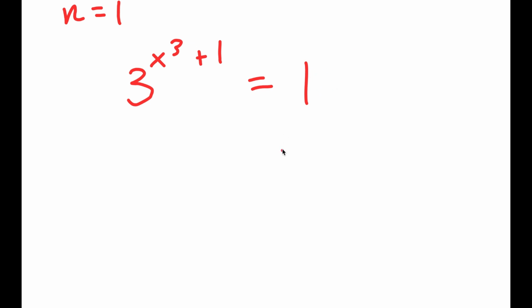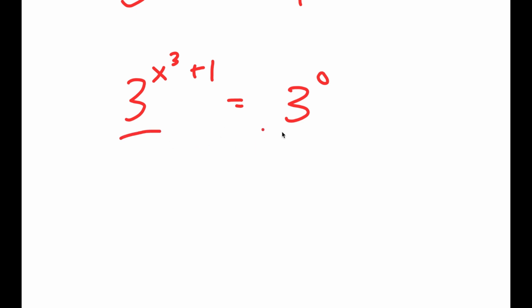However, 1 we can change to be a base of 3 because 3 to the power of 0 is 1. So I get 3 to the power of x to the power of 3 plus 1 is equal to 3 to the power of 0. And now we have the same bases, so we can solve this.